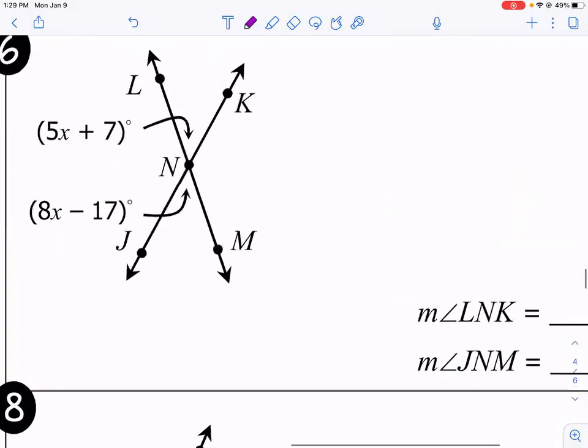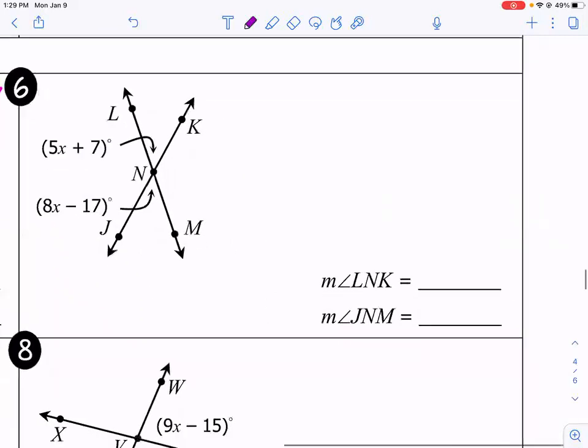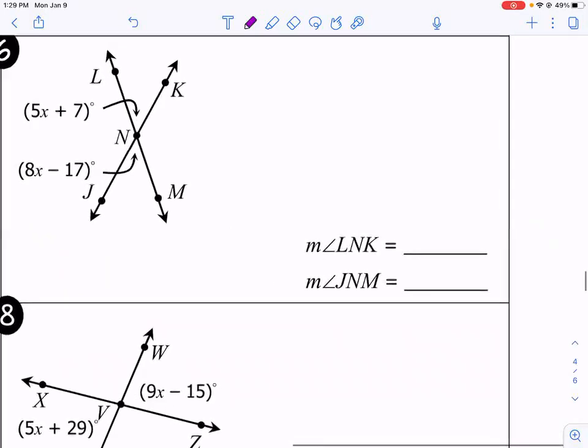Okay, ladies and gentlemen, we're gonna do one more and then I'm going to let you do your homework. So I want to jump to number 6. It's a weird jump, I know. Reagan said that these are vertical angles, which means what about our measurements?